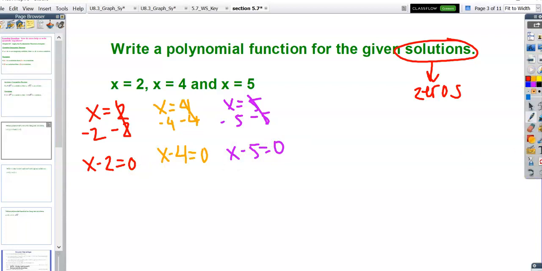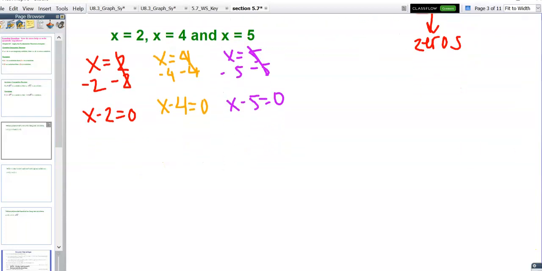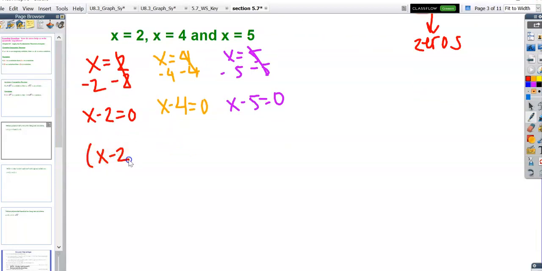Now you're going to take each of those 3 binomials and multiply them together. So x minus 2 times x minus 4 times x minus 5.